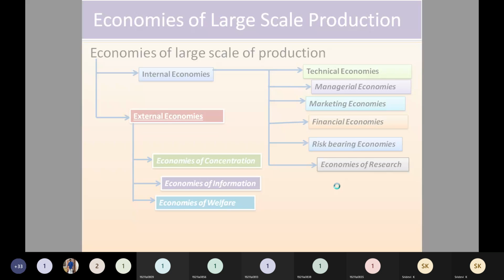For example, if you take a company, it will be having a finance department, marketing department, HR department, like that separately, if they are in large scale. Otherwise, they cannot afford that much of salaries to the employees who can give their experience to that particular company.